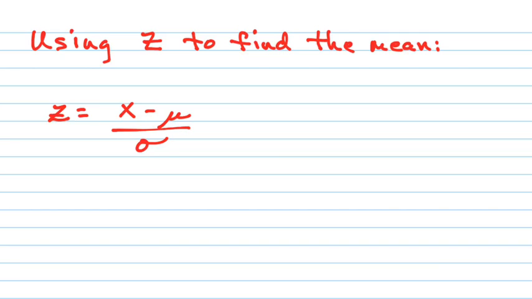Right? So what we've had in the past was we knew all three of these pieces of information. We plugged them in and did the math, and that gave us our z-score, right? But this time, we're going to have a missing piece of information. And that missing piece of information in this case is the mean. It could just as easily be the standard deviation.